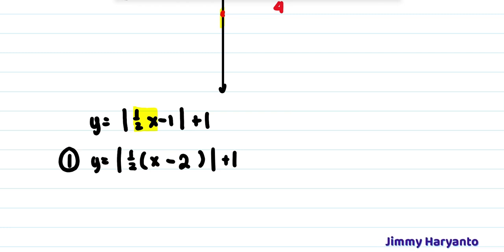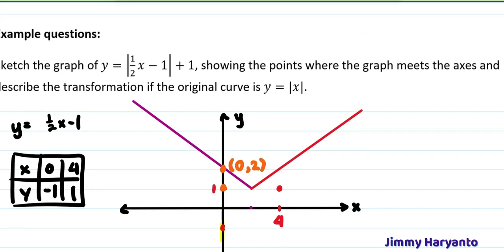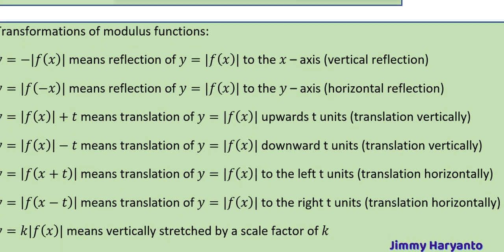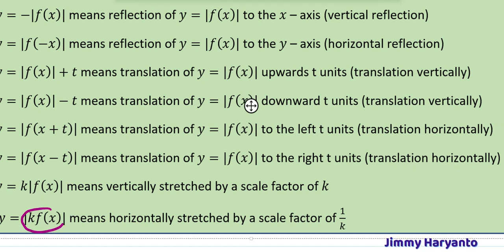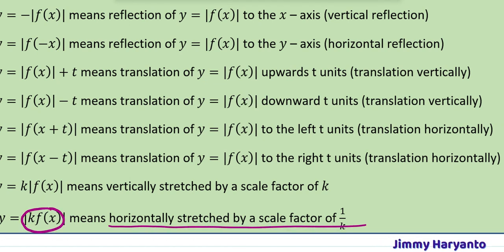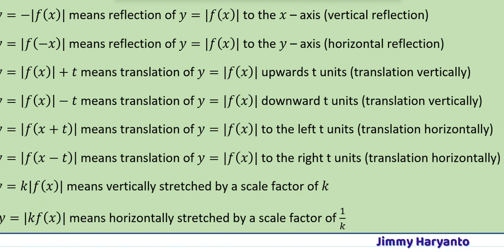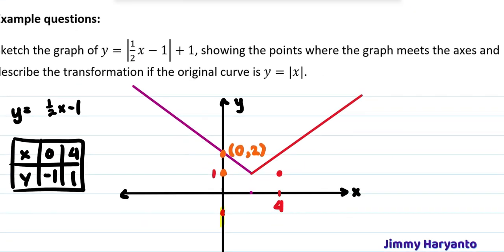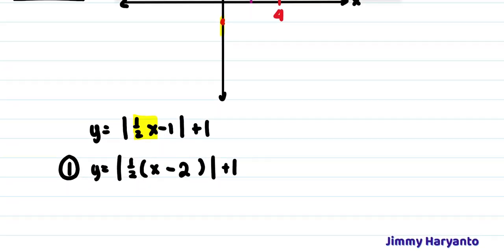The first transformation is this one. We will start from the one closest to the x first. That means the half in front of the x. A k in front of the x means horizontal stretch by the scale factor of 1 over k. So here we have half.